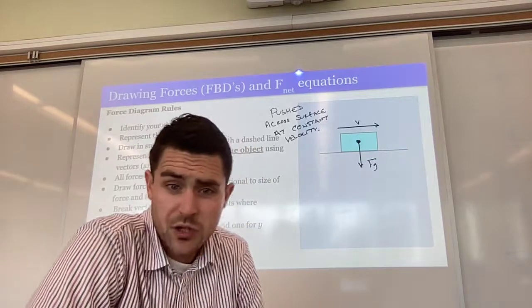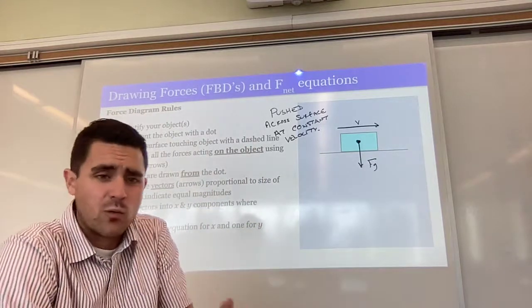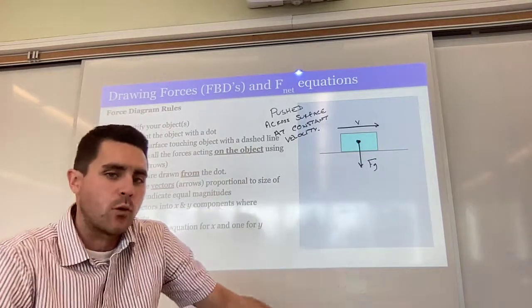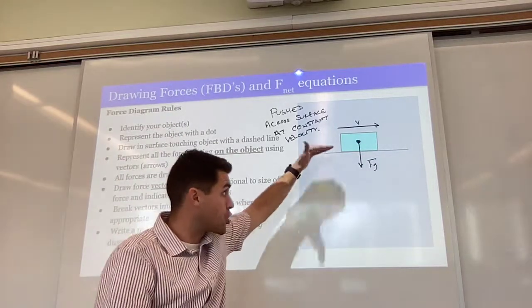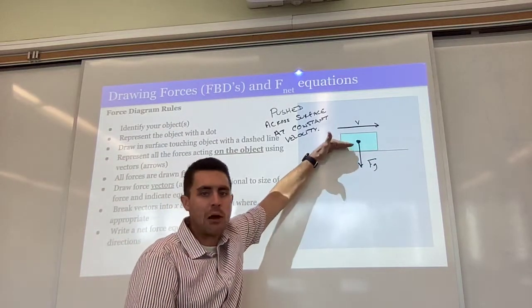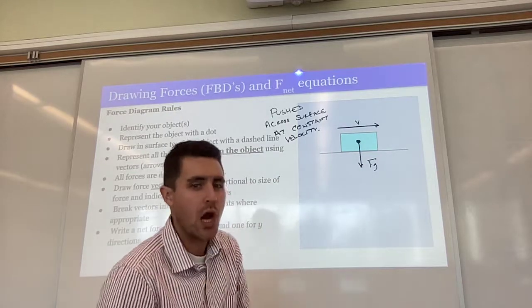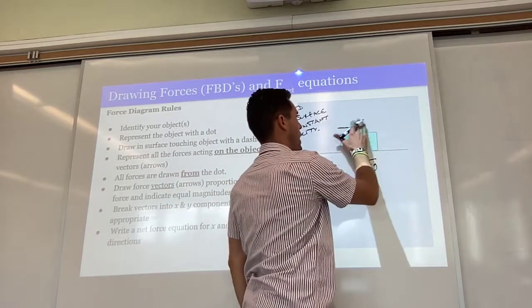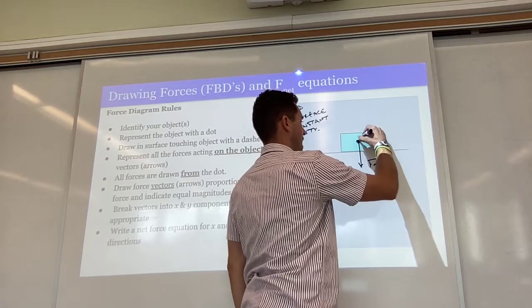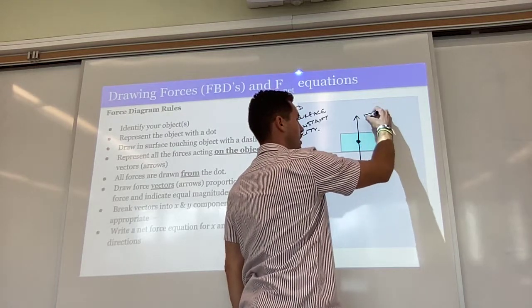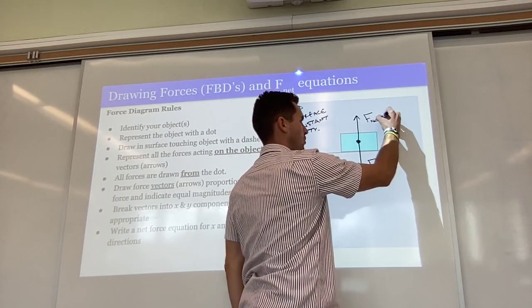Got it. Is this object accelerating up or down? I ask myself this question because if it's not accelerating downward with gravity, there must be some other force pushing back on it. Well, this ground is in the way. The ground is not allowing this object to go into free fall, so the ground must be pushing up on this box as well. And we have a fancy name for these ground forces. We call them normal forces.